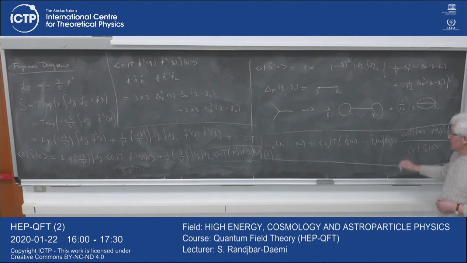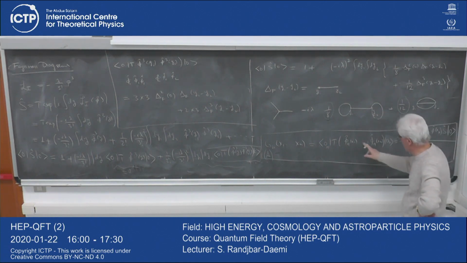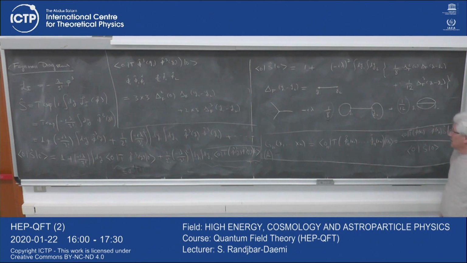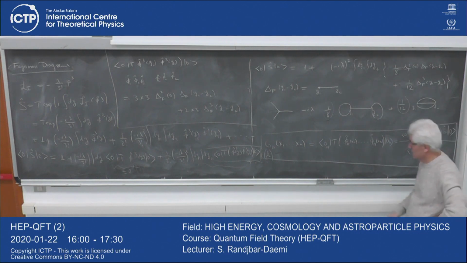Okay? This was the denominator of the expression here. The graphs like this, which have no external lines, are not connected to the external points x1 to xn. These are called vacuum bubbles. And they come in the denominator of the expression we are interested in.